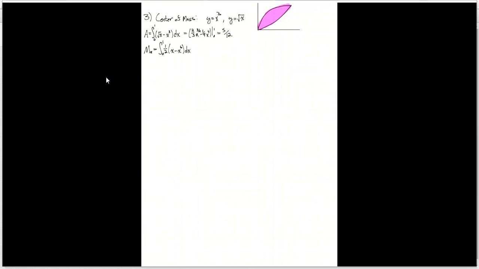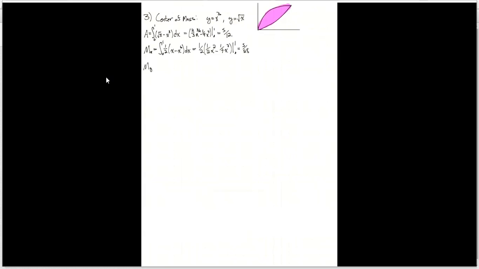It's not that whole thing squared, it's each of those functions squared, right? So that's why we just have x and x to the 6th and no cross term, right? Now this is equal to 1/2 times 1/2 x squared minus 1/7 x to the 7th, evaluated from 0 to 1, and this is 5/28.